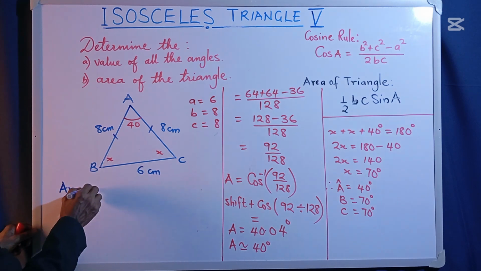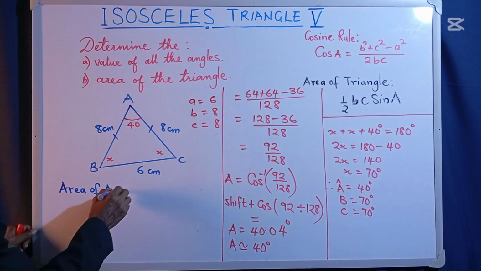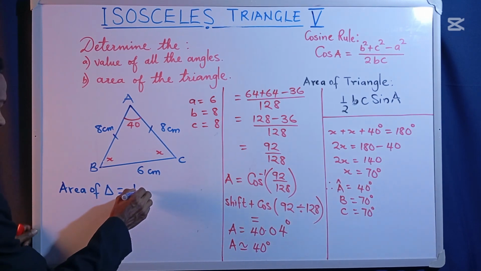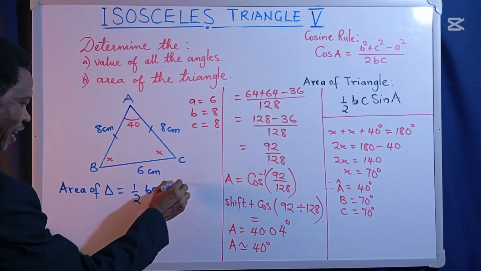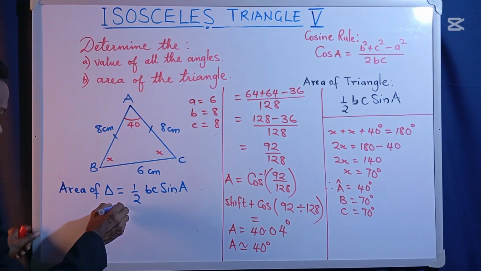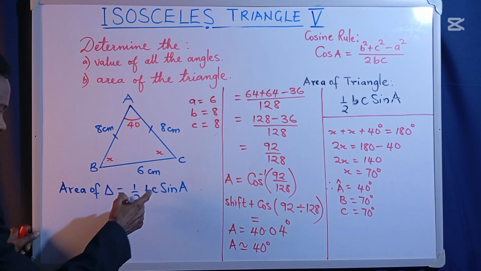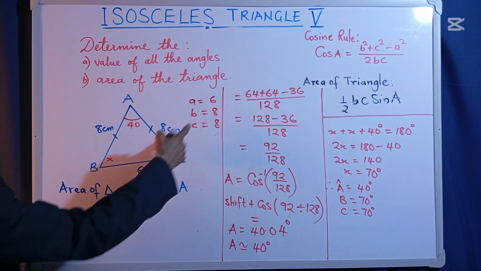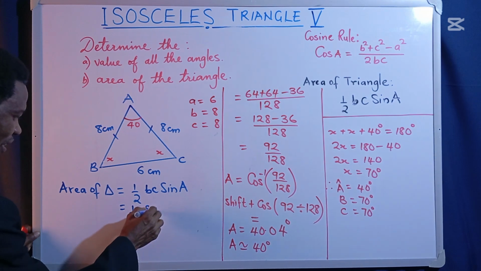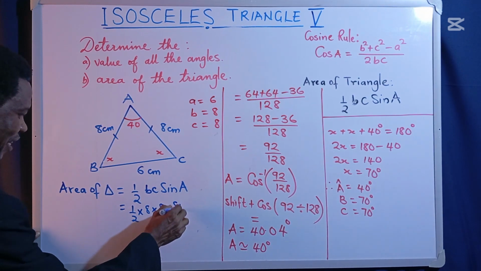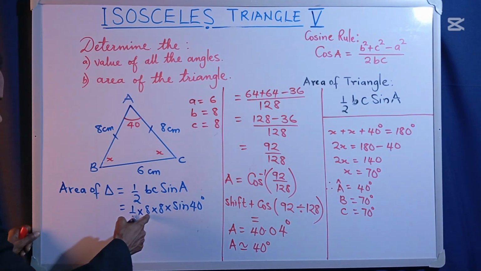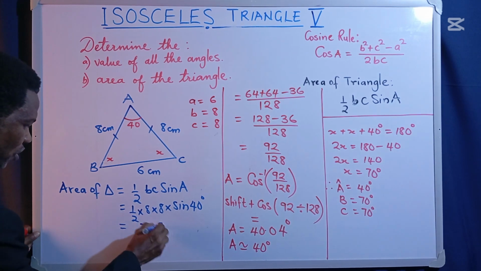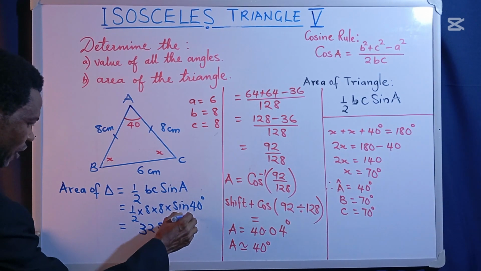Area of triangle equals half BC sine A, which is equal to half times 8 multiplied by 8 multiplied by sine 40 degrees. So this will give us 64 divided by 2, that will give me 32 sine 40 degrees.